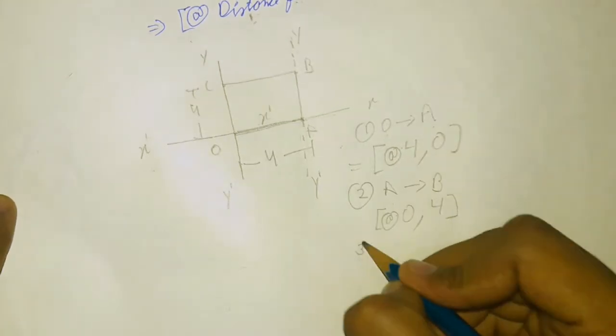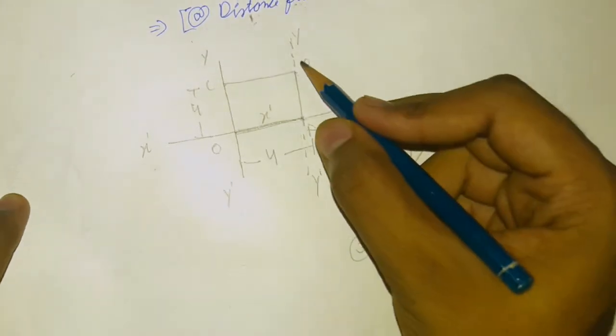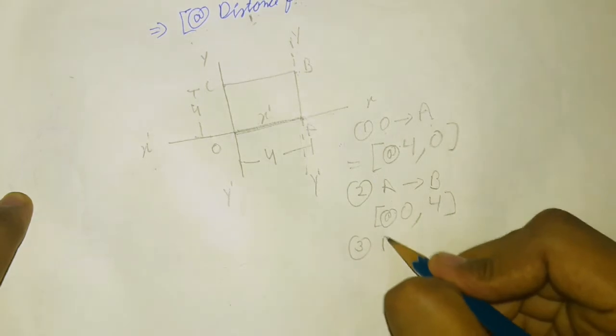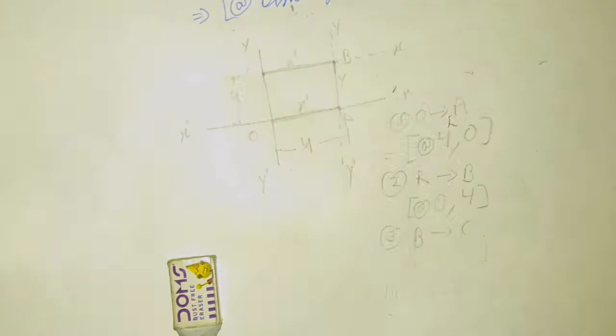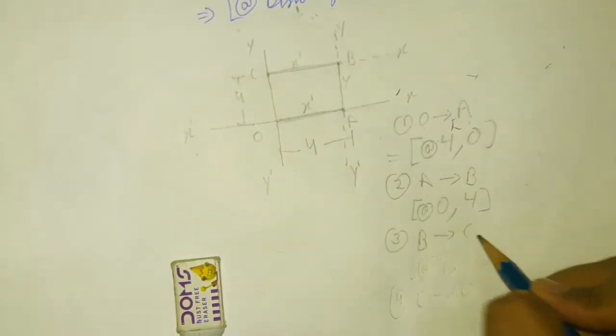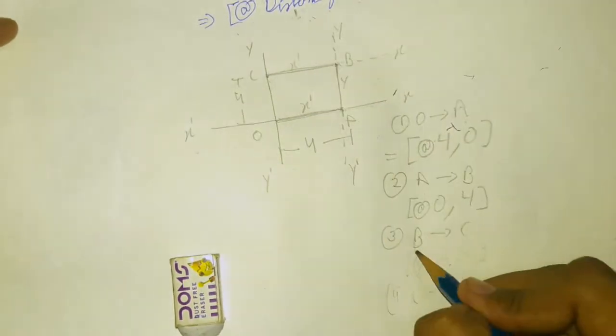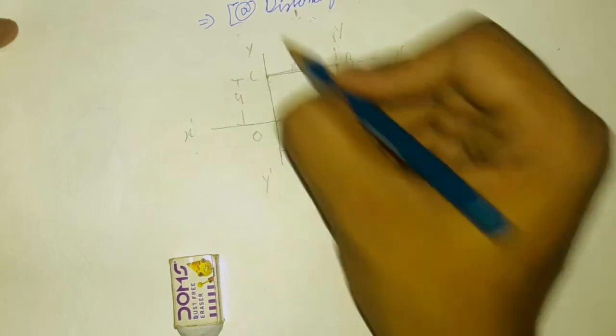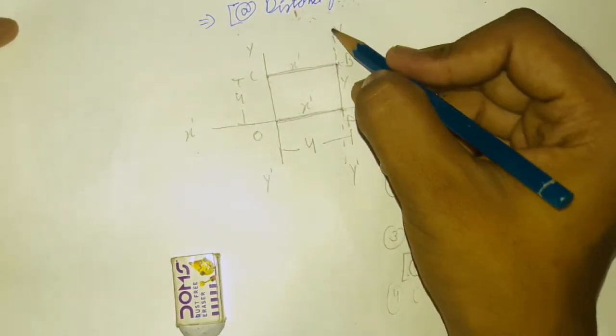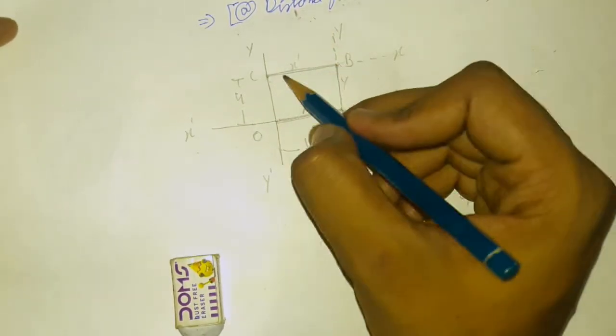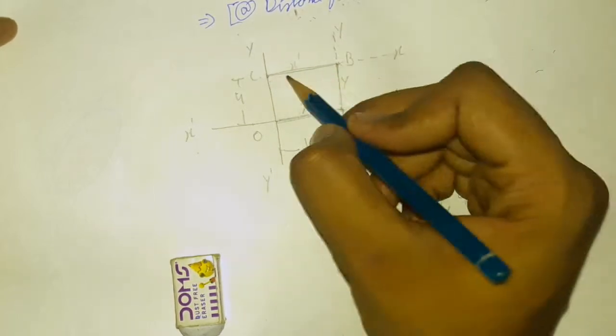Next, third one, B to C. For B to C, our formula is distance from y-axis. Distance from y-axis for B to C is our 4.